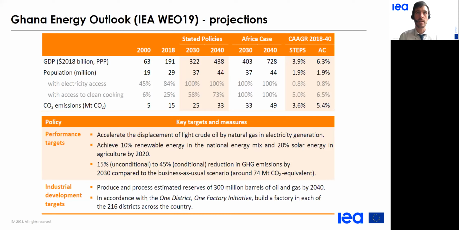But just to say that these are announced policies or steps which are taken into consideration when we do a Stated Policies Scenario, projecting where the country is expected to go, were those policies, measures, and targets to be effectively followed, implemented, and met. So this is a bit the starting point.